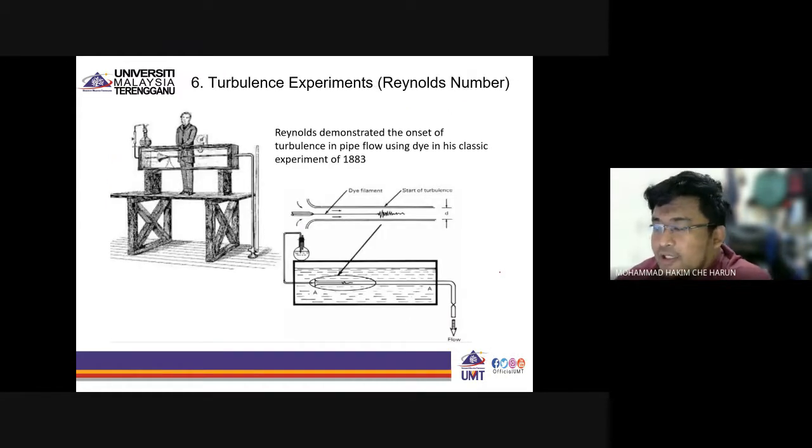Okay, so the next one is the turbulence experiments. If you want to blame somebody for why you need to learn about fluid mechanics, blame Reynolds. Reynolds was the first person who studied and introduced what we call the Reynolds number to characterize the type of turbulence in fluid flow.